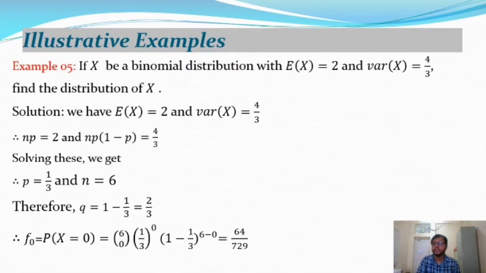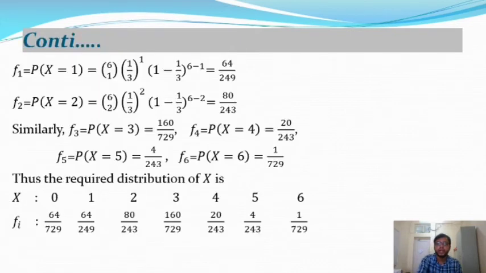And after that we will find the probability mass function, that means f1, and it will be probability of x is equal to 1. So in a binomial distribution it will be 6C1 (1/3) to the power 1 into (1 minus 1/3) whole to the power 6 minus 1, and it will give 64 by 249 after simplifying this.